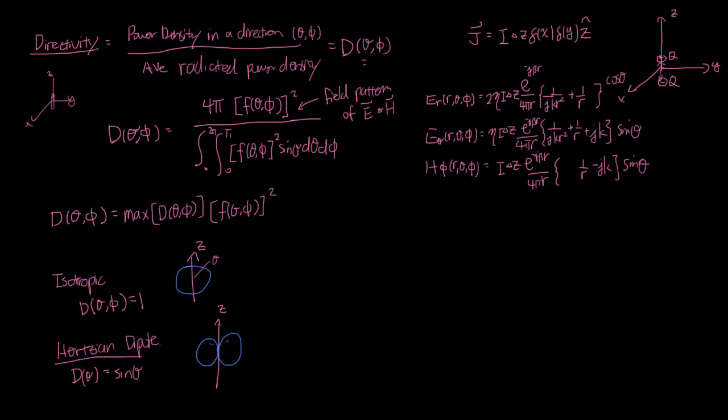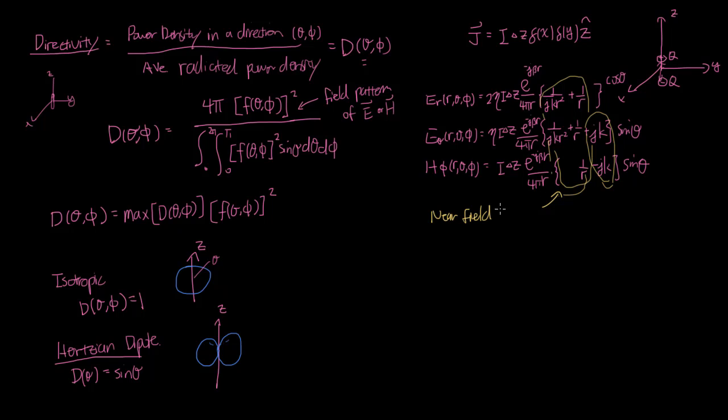So the main reason I wanted to bring this up is to point out that when you factor everything out, you have 3 terms, right? You have a term that's independent of r, and then you have terms that are proportional to either 1 over r or 1 over r squared. These 1 over r squared terms are called the near field components.